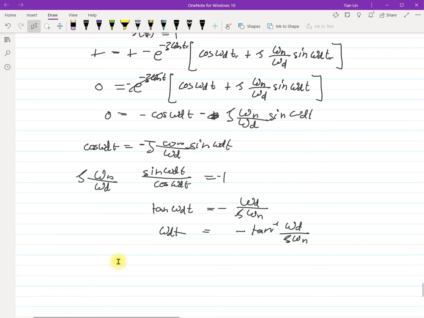Then, because we did the tangent inverse, we solve for the angle here. Did we have negative? If we look at the plot in the time domain, there will be no negative value for our time response or our time, because there's no negative time in control systems. We don't deal with negatives. We only deal from zero of the time to positive infinity.